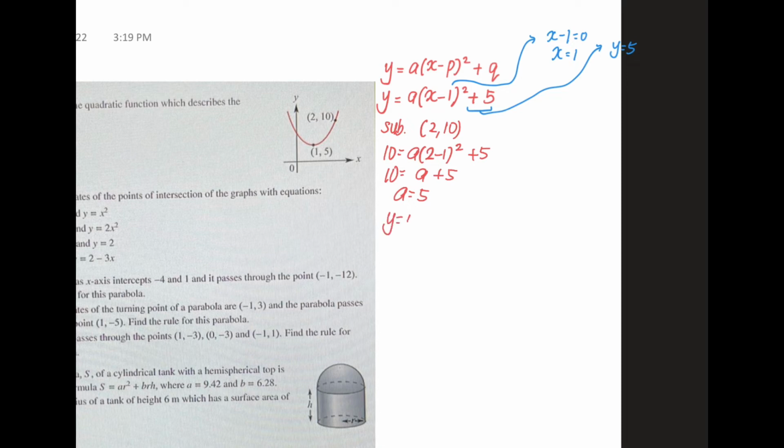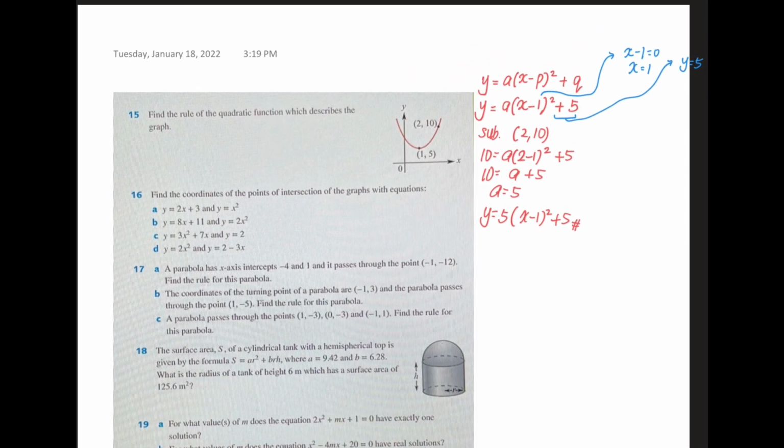So we get a. Then after that, y equal to 5 times (x minus 1) squared plus 5. We can just leave it as this. Okay, so this is the answer for question 15. Now let's look at question 16 then.